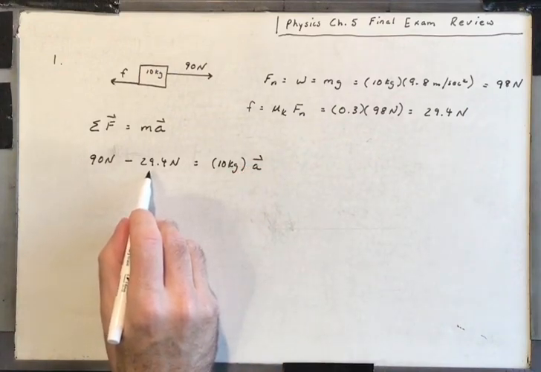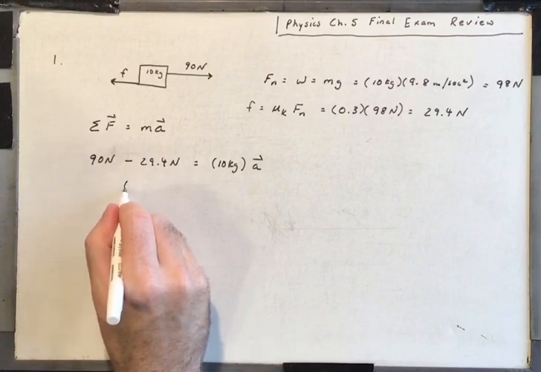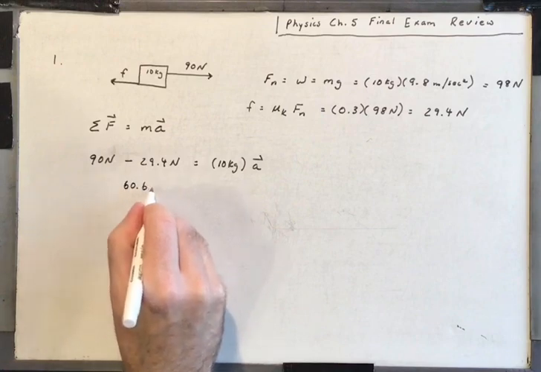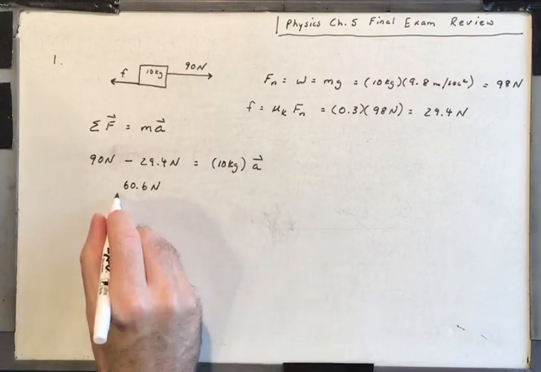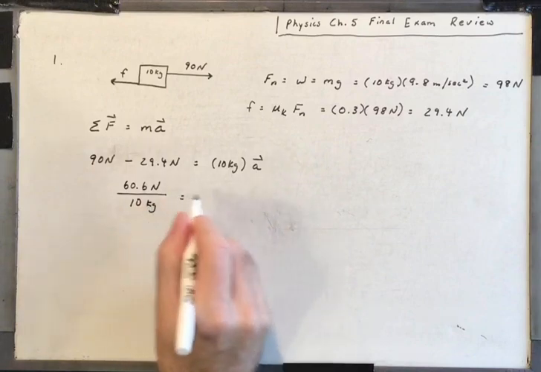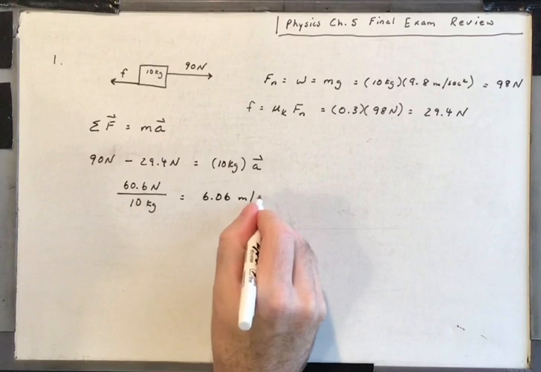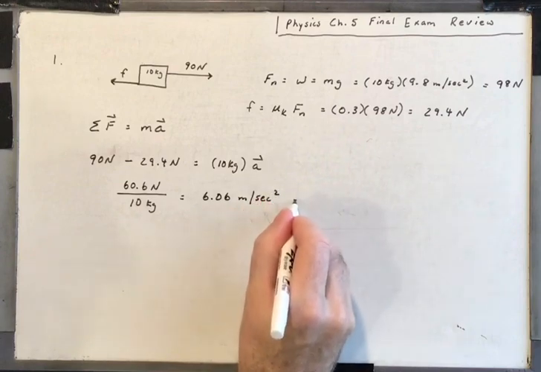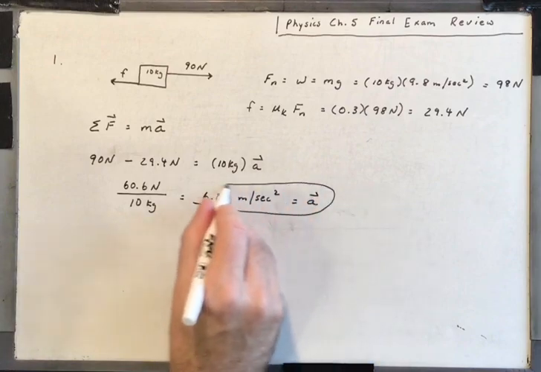All right, so this would be 60.6 newtons. That's 90 minus 29.4. Divide that by 10 kilograms. And you'd have 6.06 meters per second squared is equal to your acceleration.